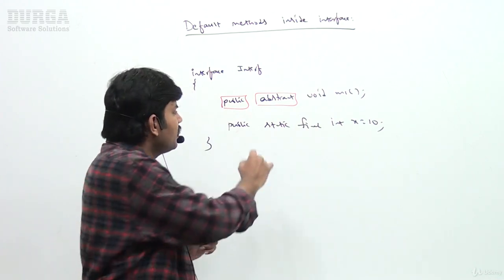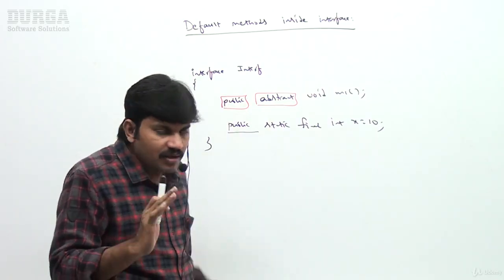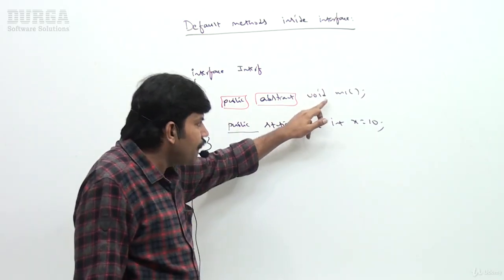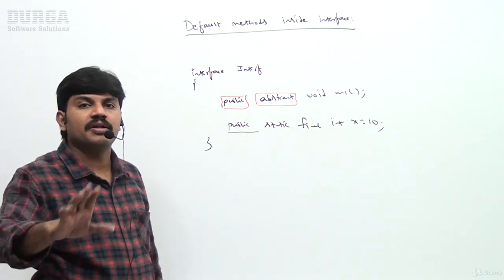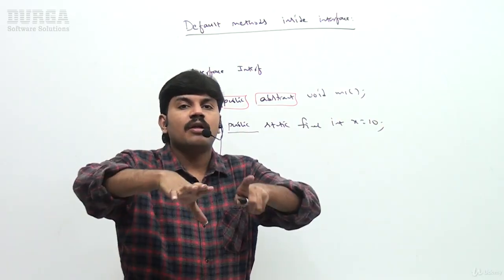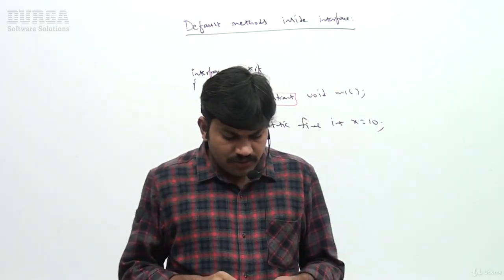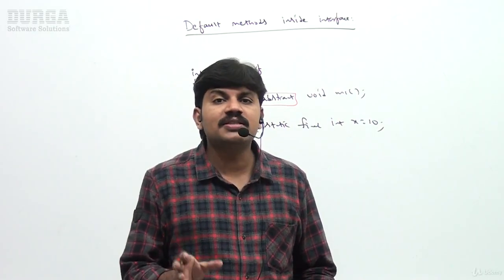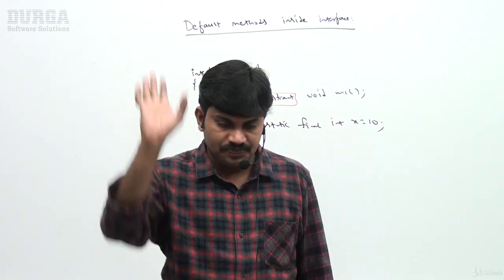Every variable present inside an interface is always public, static, final. Every method is always public and abstract, whether we declare it or not. Inside an interface, it is not possible to take concrete methods.